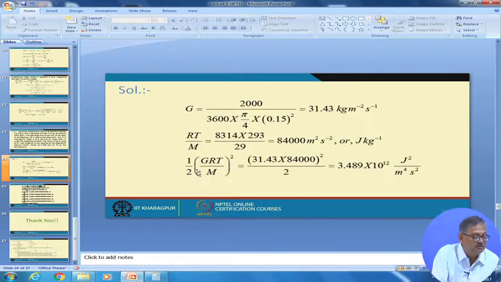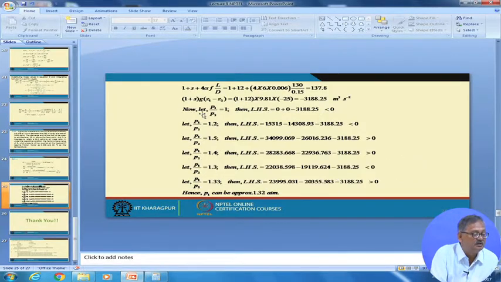Our 1 by 2 GRTM square is this, so 3.489 10 to the 12 is okay, and this has become 3.88 3188, fine. So when we took ln of P1 by P2 is 1.5, then this became this number, fine. But how has this become so low, 26015?